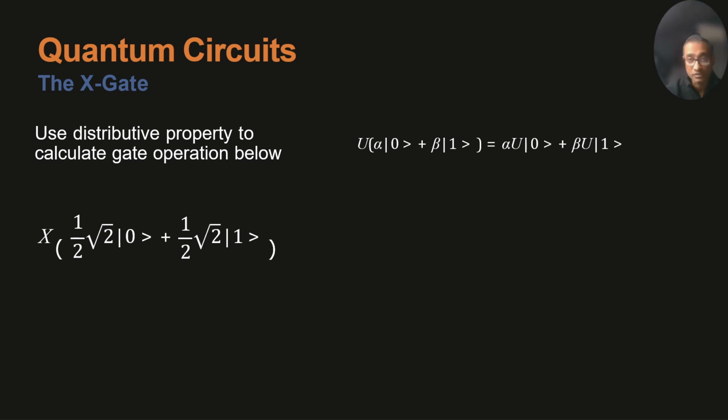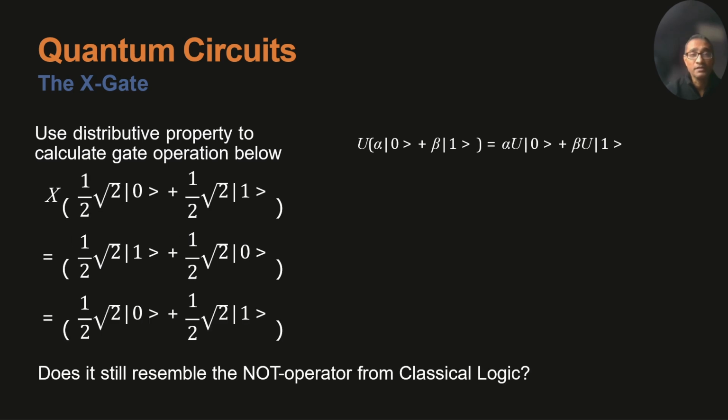If you want to know what a distributive property is, please do see the series on quantum linear algebra. But what we can do here is that when we expand this equation, you will see that the first part of the composed qubit state, which is represented by 0, gets changed to 1, and the second, which is represented by 1, gets changed to 0.